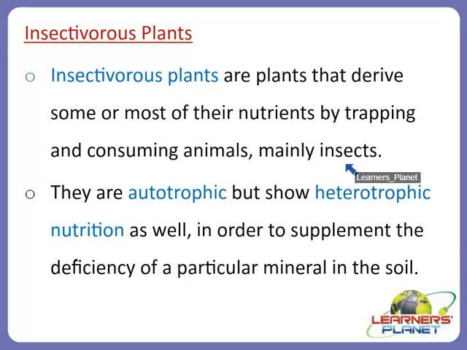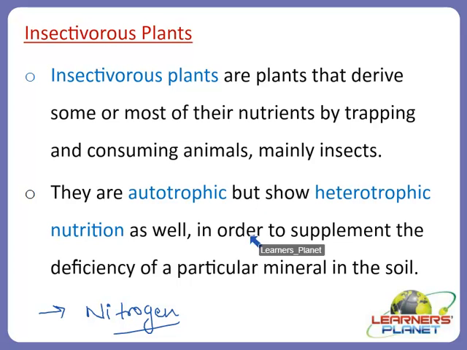However, the soil in which these insectivorous plants grow is sometimes deficient in certain nutrients. And which type of nutrients? Especially it is deficient in one type of nutrient called nitrogen. And these plants need to obtain these nutrients, especially the nitrogen, from outside sources.